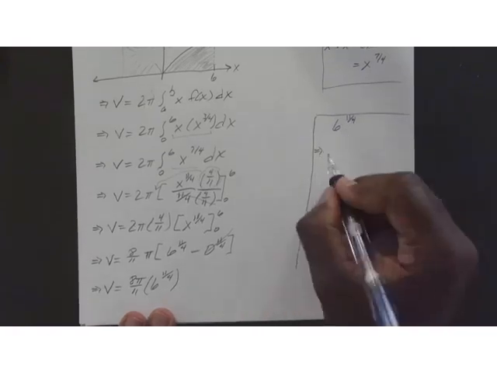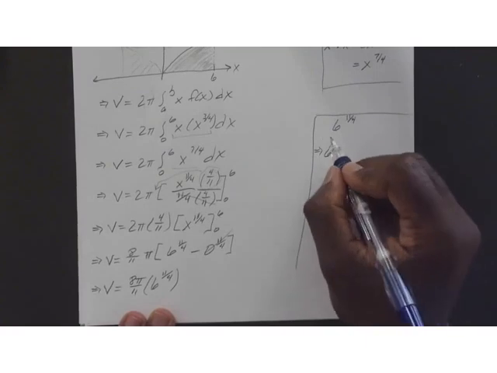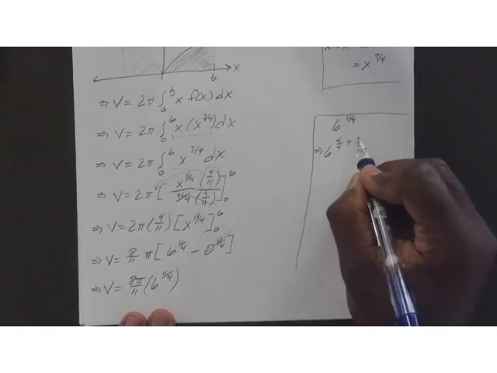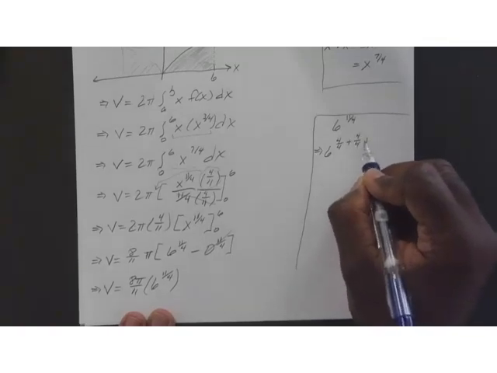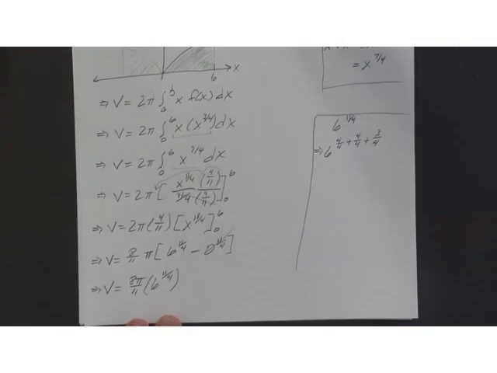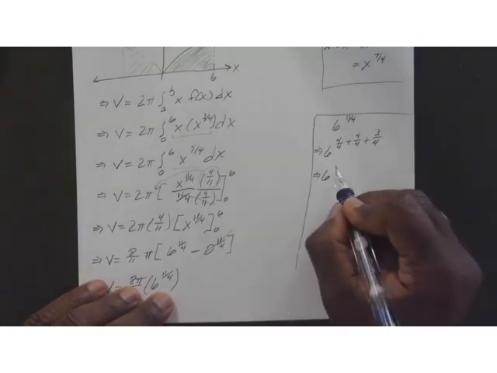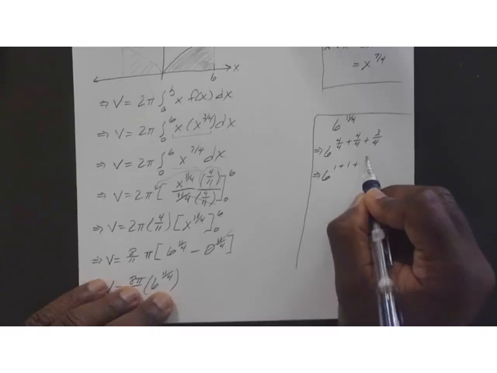Well, since we have a denominator of 4, we could rewrite that as 6 to the 4 over 4 power plus 4 over 4 plus 3 over 4. Or you could just divide 11 by 4. See, it goes in there twice. So that just gives us 6 to the power of 1 plus 1 plus 3/4.